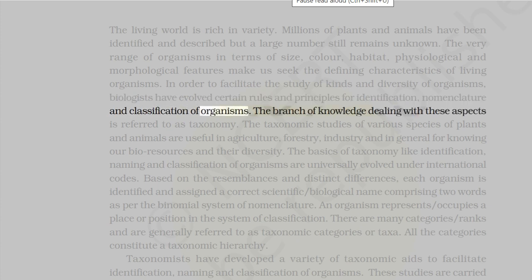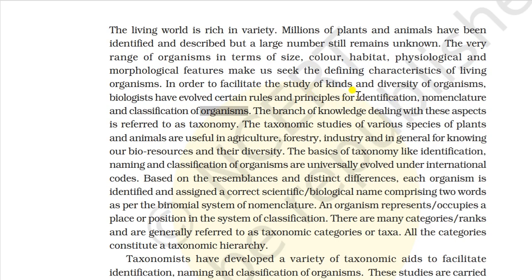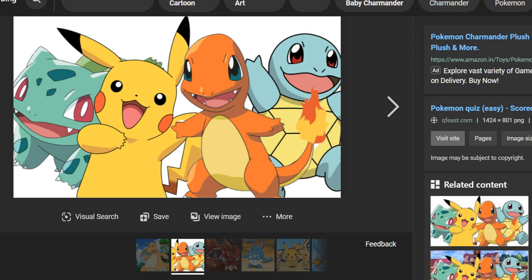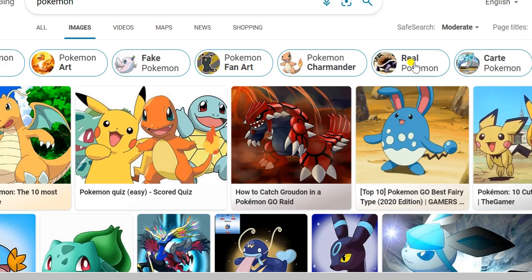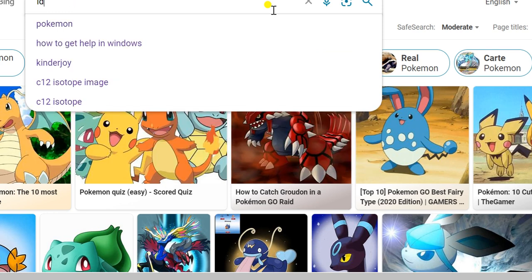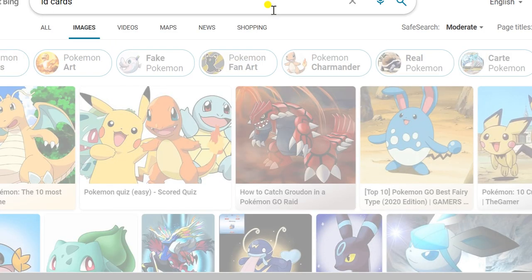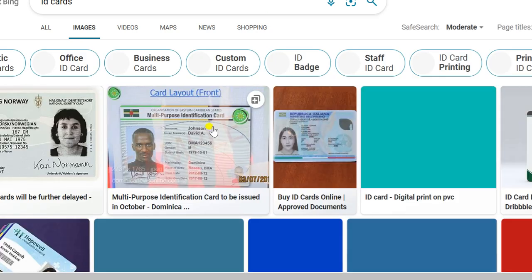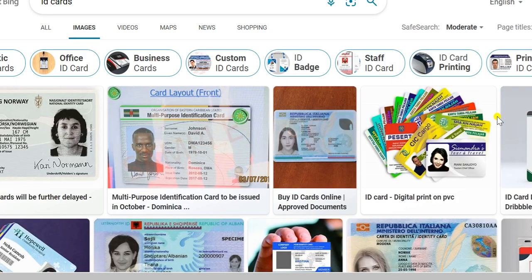classification of organisms. So, what is the meaning of identification? We all get ID cards, right? If not ID cards, if your father or your mother has one, you must have seen it in jobs and all. We have an Aadhaar card also. What is an Aadhaar card?